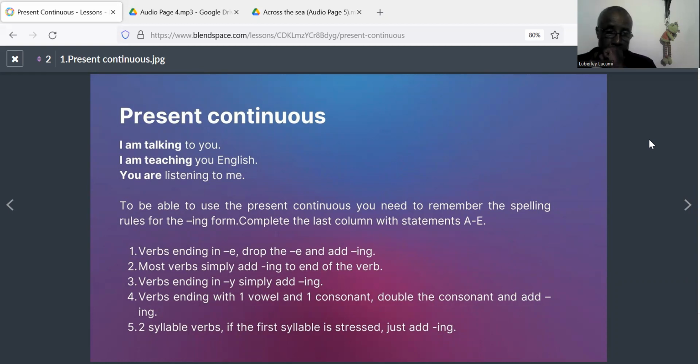Okay, let me see some examples. The first one: I am talking to you. Actually, I'm talking to you. So the action continues, I'm talking to you, and I continue talking to you. The second one, I am teaching you English.